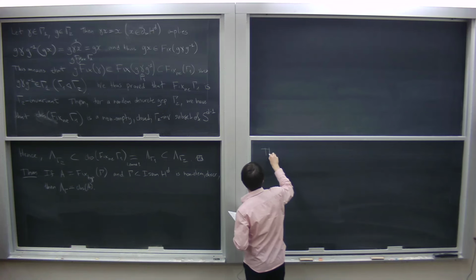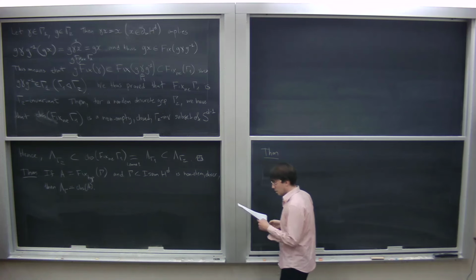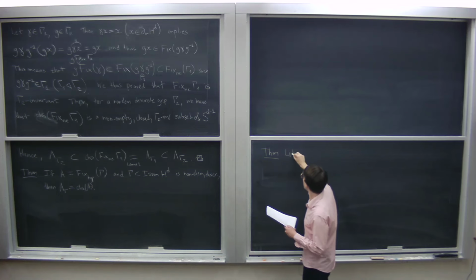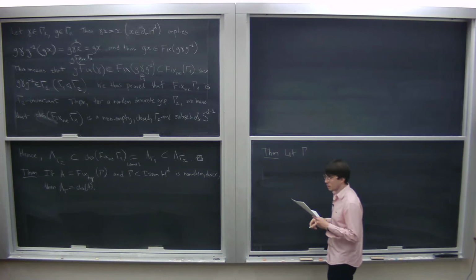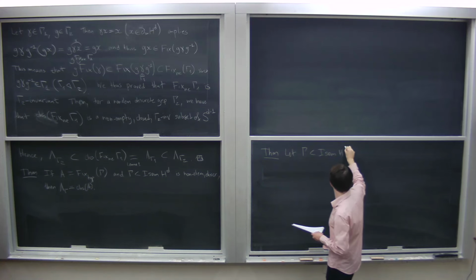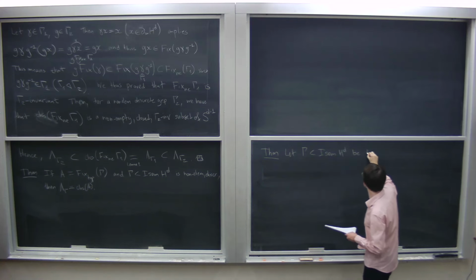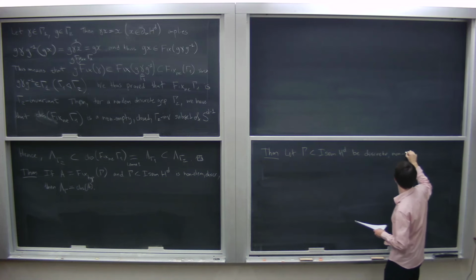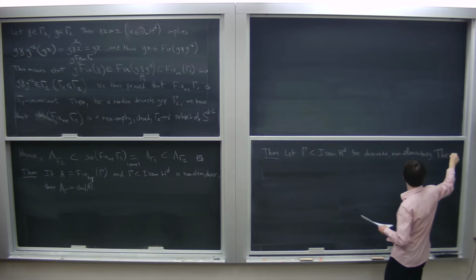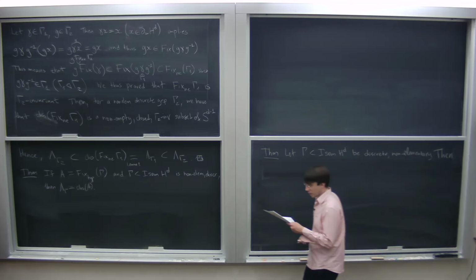So there is the following theorem, and we assume here, let gamma be, again, a discrete non-elementary subgroup. Then we have the following.